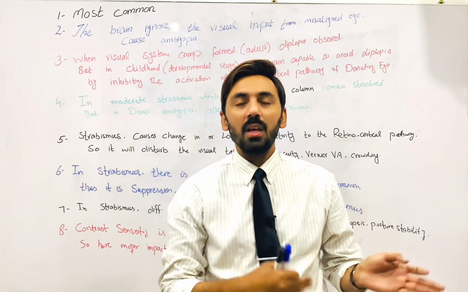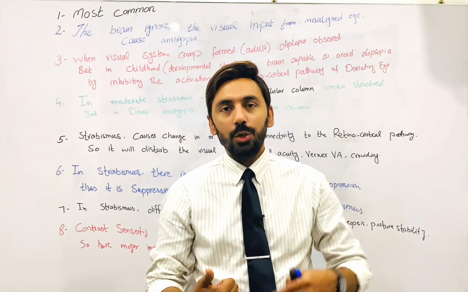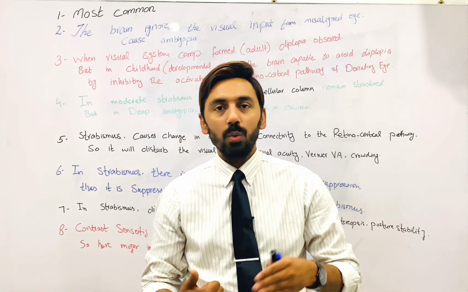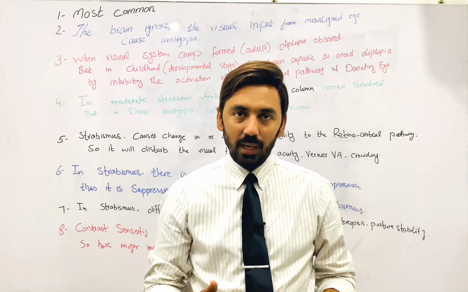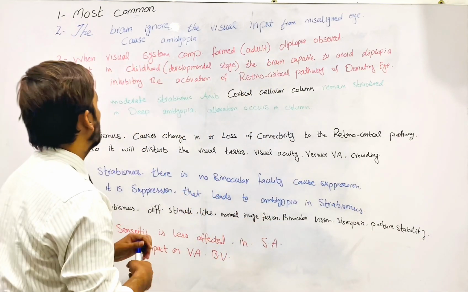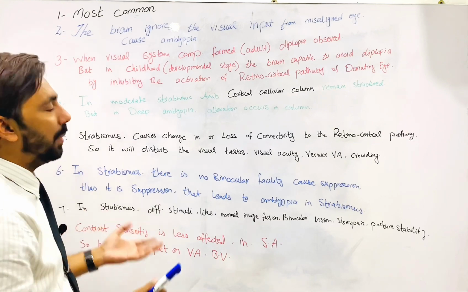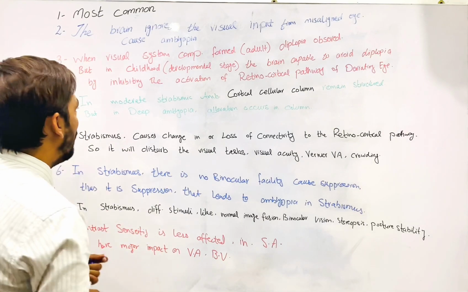That is why it is called strabismic amblyopia: the amblyopia due to the deviation, due to the squint. So the first point was that it is the most common type of amblyopia. This is our first point.